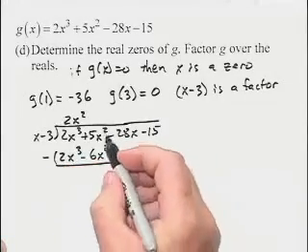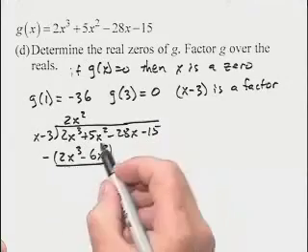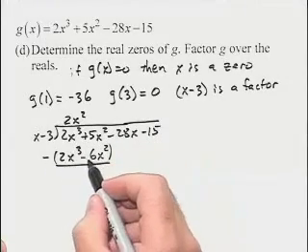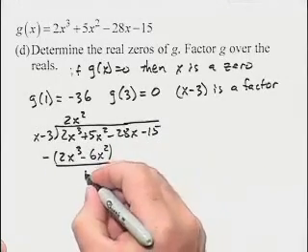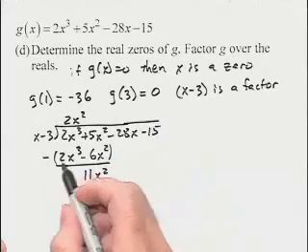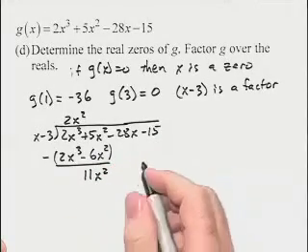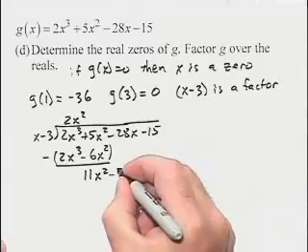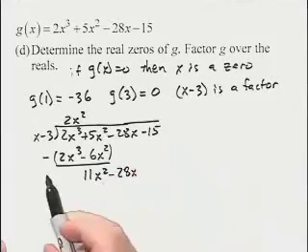We subtract that. 2x cubed minus 2x cubed is 0. 5x squared minus a negative 6x squared gives us 11x squared, since the minus the negative makes it plus. We'll drop down our minus 28x.